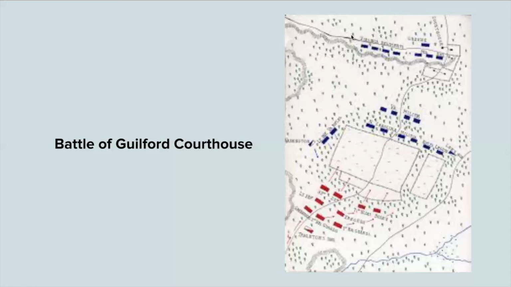Around 1,900 British soldiers under Cornwallis went on the offensive against Greene's 4,500 Continental troops and militia. The battle raged for about 2 hours before Greene ordered his troops to retreat, which again gave the British a tactical victory, but enabled Greene's army to retreat mostly intact.